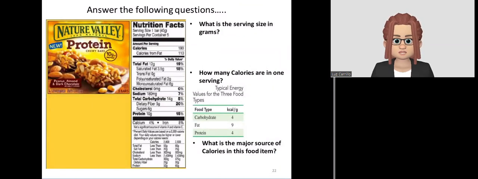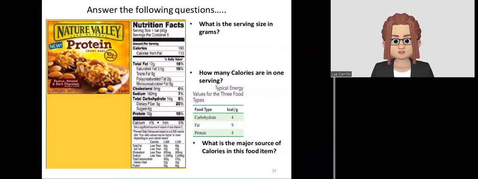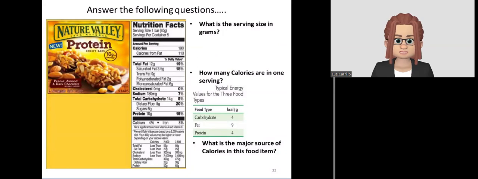Whenever we look at food labels, sometimes we can observe that there's all information in the design of the food. But it is very important that we look closely at the nutrition facts label that is available to us. So for example, here we have Nature Valley protein chewy bars. Let's actually do an exercise in which we analyze the food label specifically for this food.